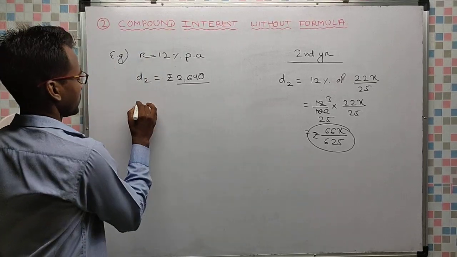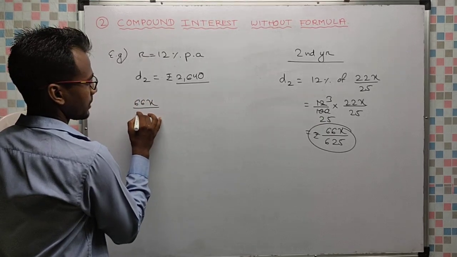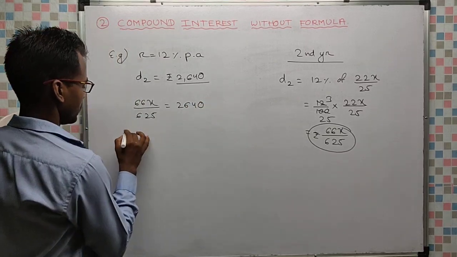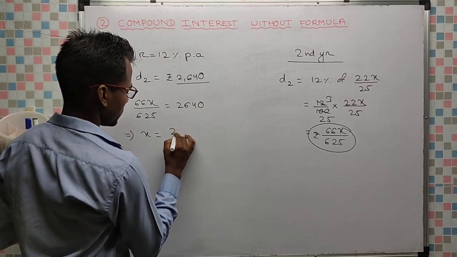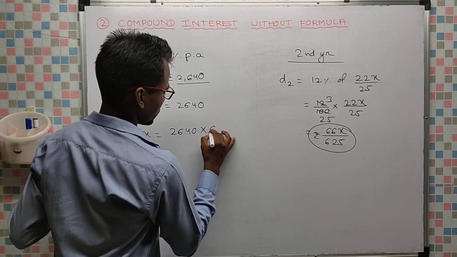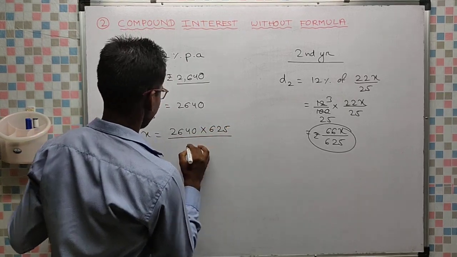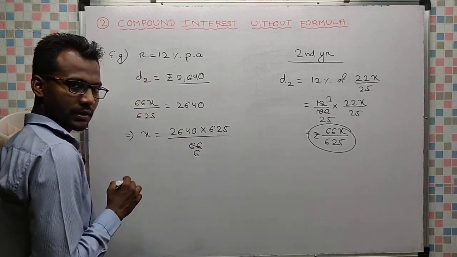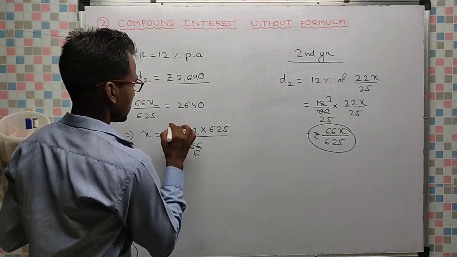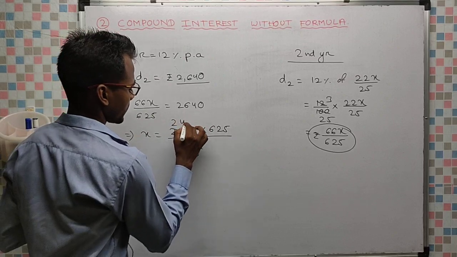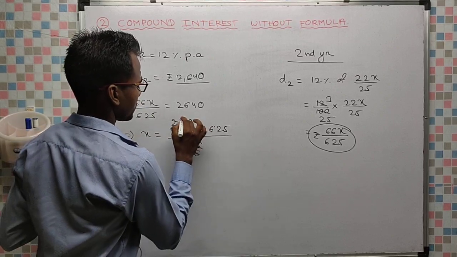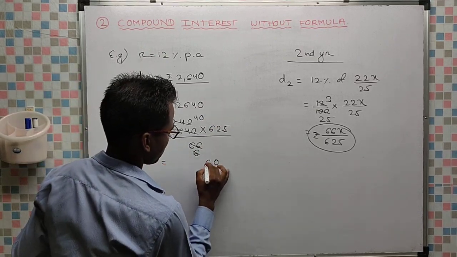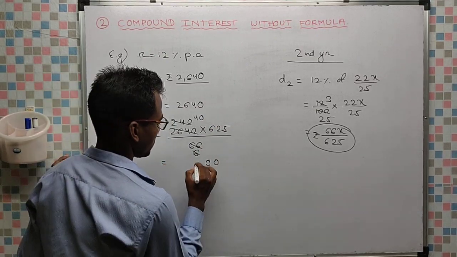Now equate 66x by 625 is equal to 2640. So x is equal to 2640 into 625 by 66. 11 6s are 66, 11 2s are 22, 11 4s are 44, 0, 6 40.